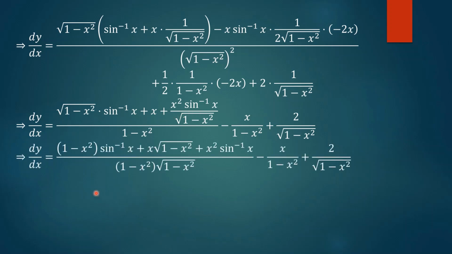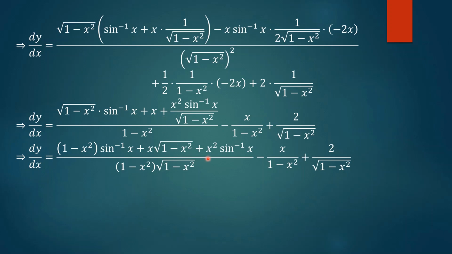Then we take the LCM in the numerator here. After taking the LCM, you see this root over 1 minus x square into root over 1 minus x square is simply 1 minus x square into sine inverse x is there, plus is there. This will multiply by x, so x into root over 1 minus x square.